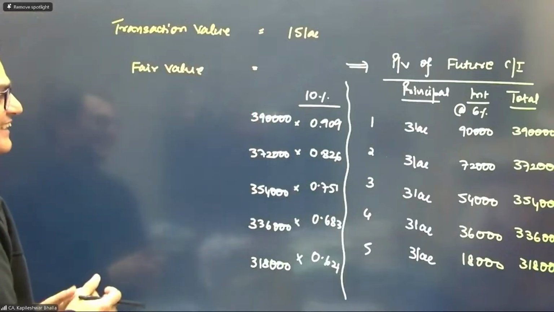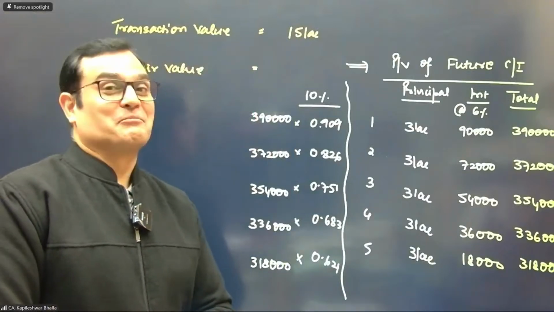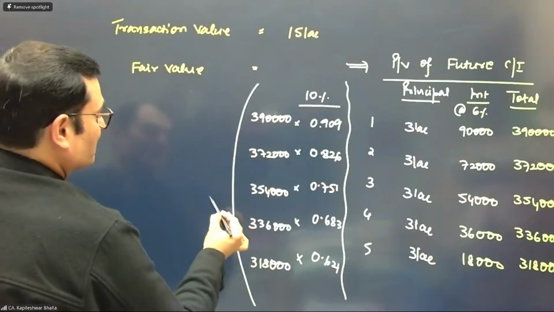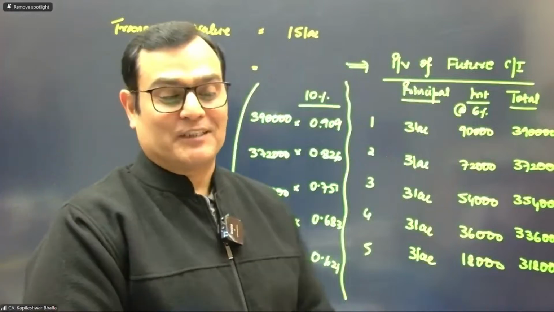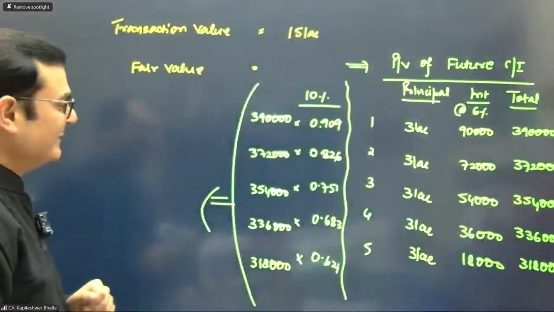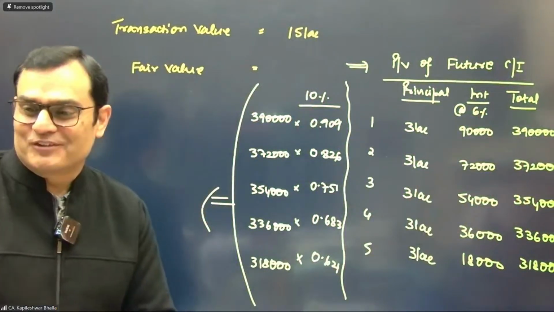Sir, actually the 10% factors are already memorized. Yes, of course. Everybody remembers it very clearly, 0.909, 0.826. In Intermediate, in financial management, in financial reporting and in advanced financial management, you remember 10% directly. Okay, so let's see what is the present value of all these inflows as well.